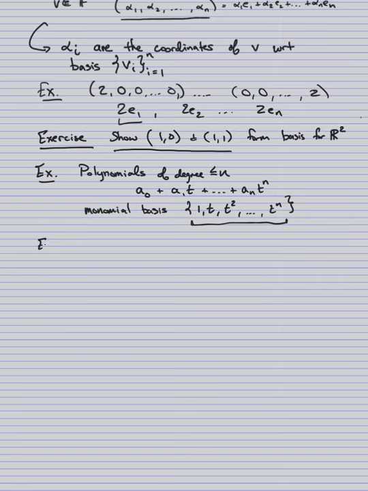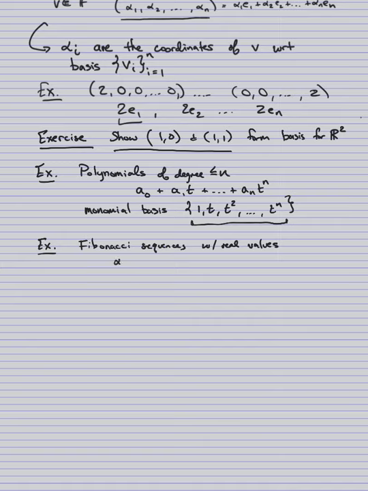Okay, what's another example? Well, we saw there were Fibonacci sequences with real values. Remember, this was the vector space consisting of all Fibonacci sequences where the first two terms were arbitrary.